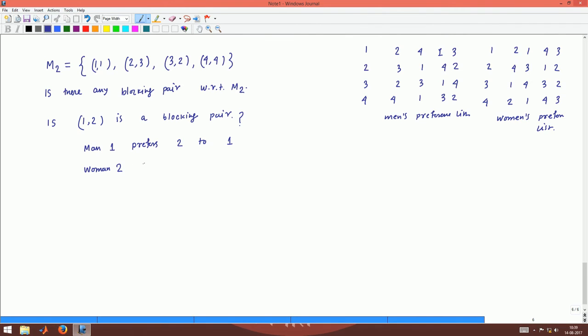So woman 2 prefers her matched partner 3 to 1, right, because you see, look at the woman 2 list.